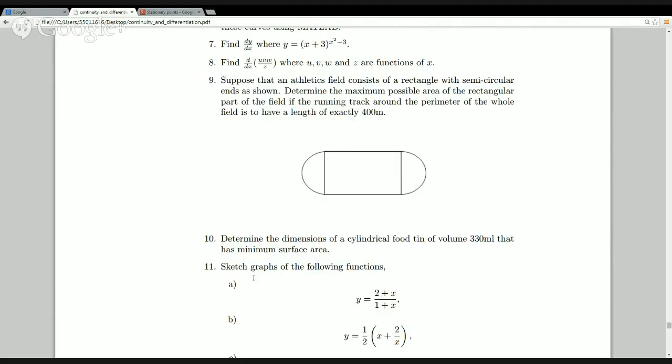The circle has diameter W, so the circumference of a circle is pi times W. So that's the perimeter. It's given by this and constrained to be equal to 400 meters. So this must always total 400.